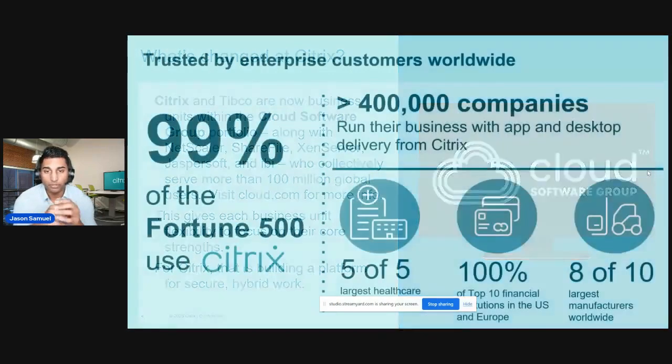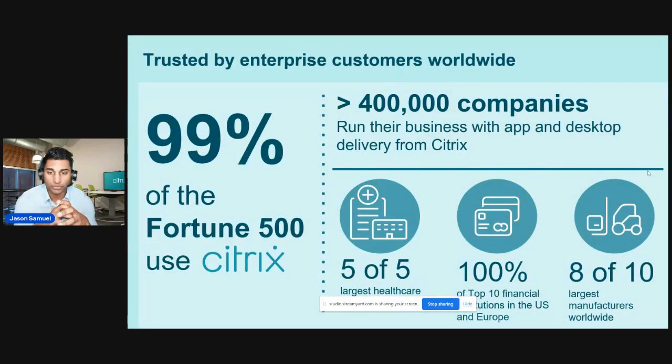So a little bit about some metrics around Citrix as well. I always like to put this slide up. We are used by 99% of the Fortune 500, and those that are working at any of the Fortune 500s on the call, any that are partners that are working directly with Fortune 500s, you realize that Citrix is pretty much everywhere.